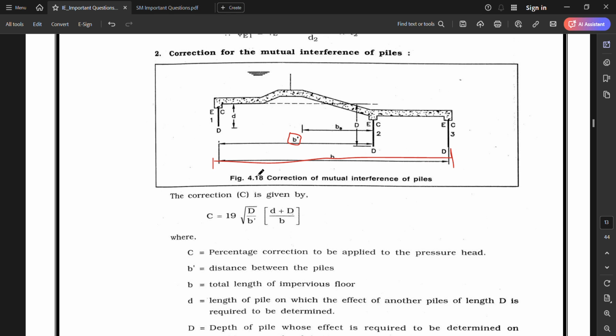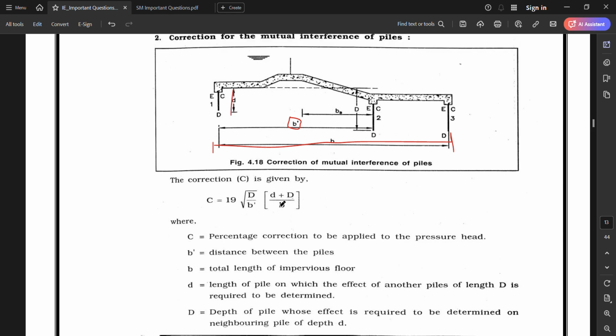D is the depth of the pile on which the effect of the other pile is required to be determined. So this is the depth small d, and capital D is the depth of the pile whose effect is required to be determined on neighboring piles. So here and here we have to find out.